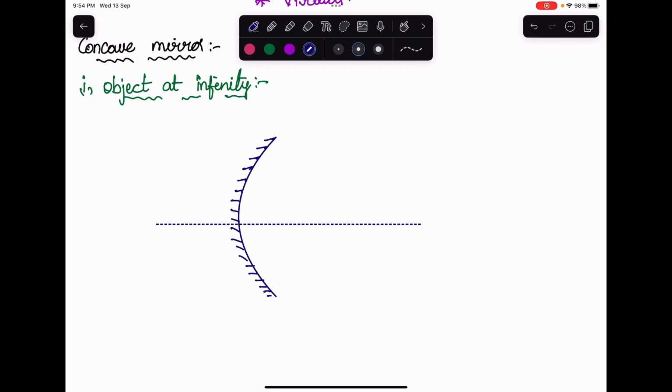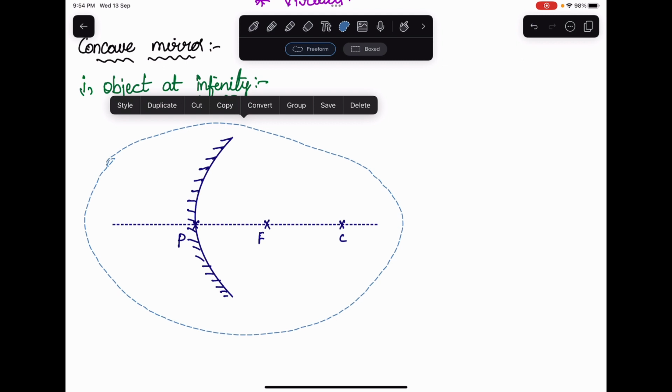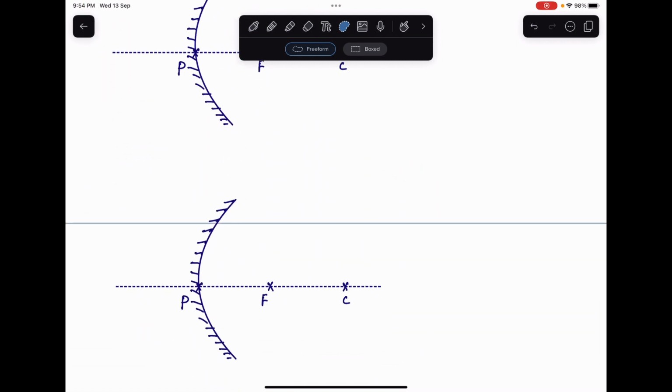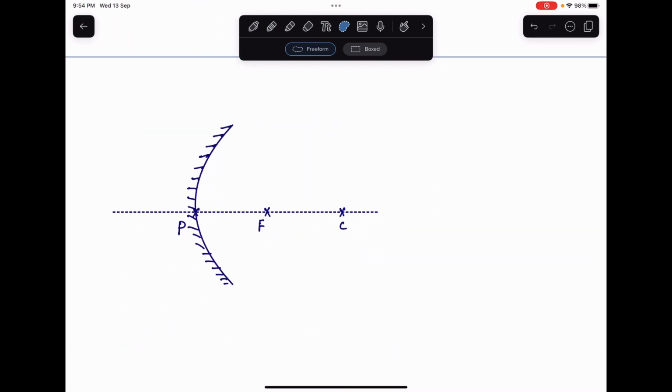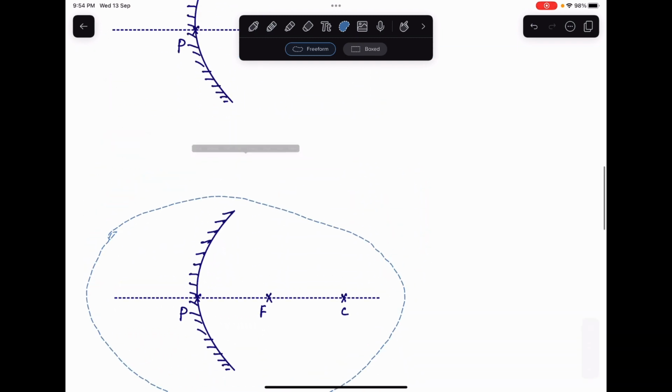Then we will have some fixed points: the pole, the center of curvature, and exactly in the middle you will have the focus F, or focal point F. Now let us take this whole thing to one side and duplicate it for our next case, so that it is easy for us to go through the diagrams quickly.